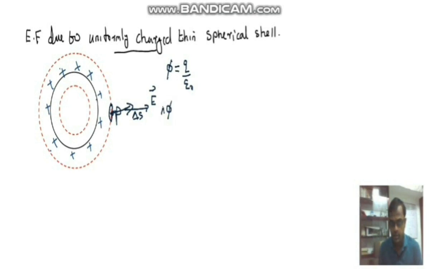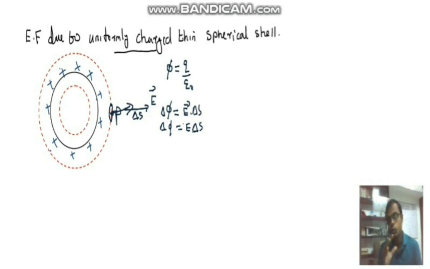I can use delta phi here, because we are going to find the flux through the small area at the point P. Delta phi is equal to E dot delta S. Here once again the angle between E and delta S is theta equal to 0. So delta phi is equal to E into delta S. See the picture here, we have taken a small area.